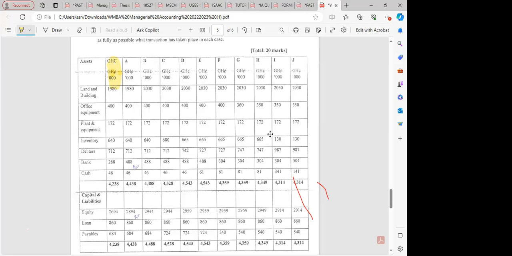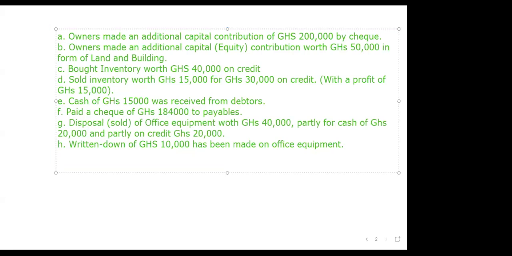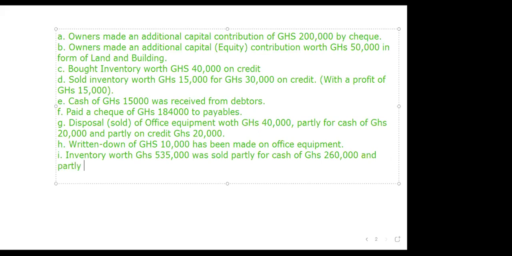This is a little diabolic, but okay. So I: inventory worth 535,000 was sold partly for cash of 260,000 and partly on credit for 240,000.